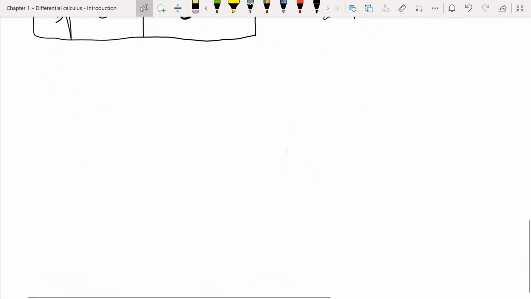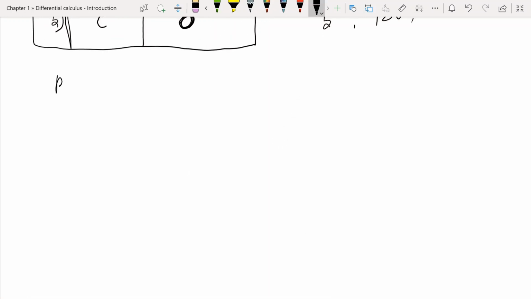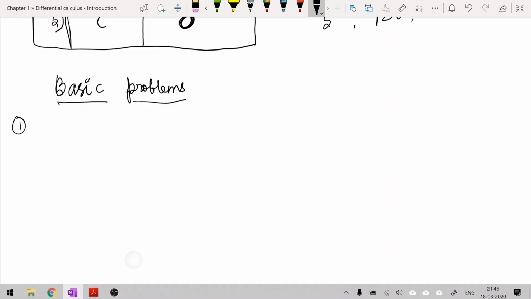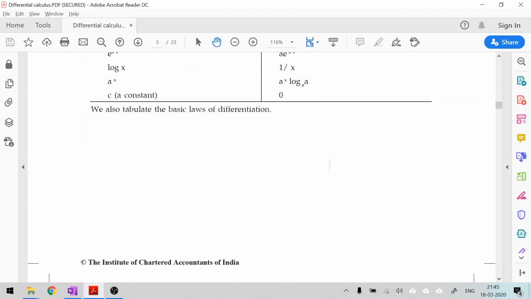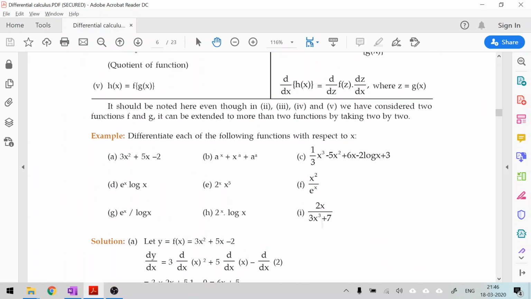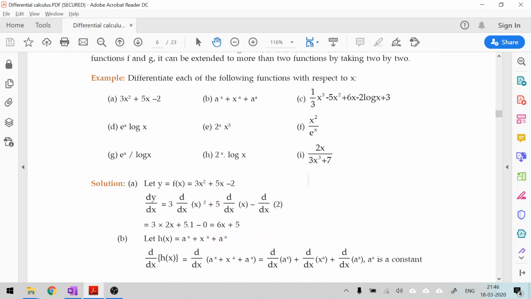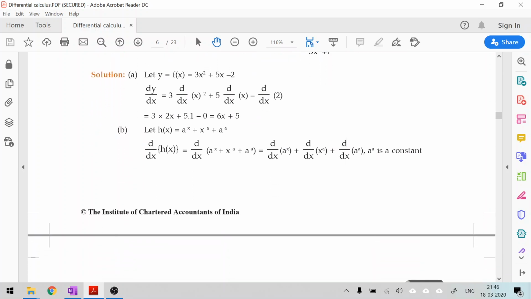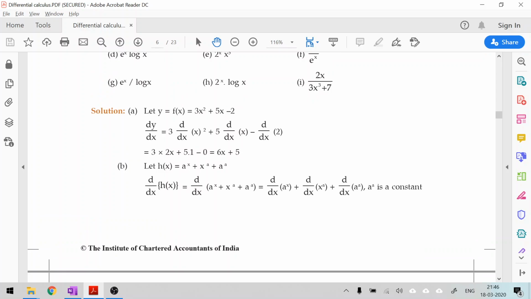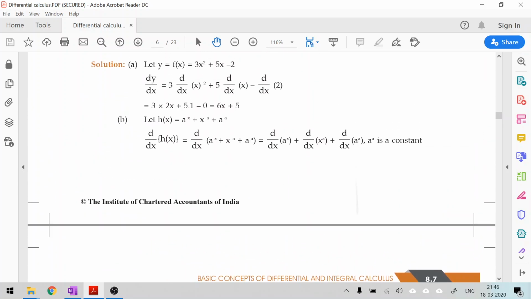Now, let us go to some basic problems. I'm going to pick up these basic problems from some solved examples in your textbook. So come to your textbook, page number 8.6.